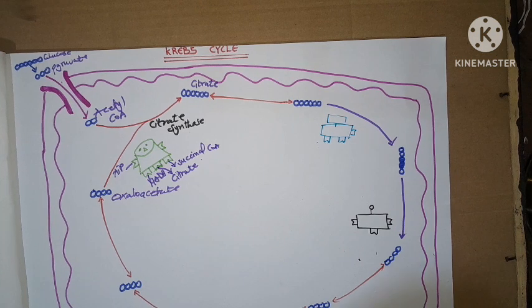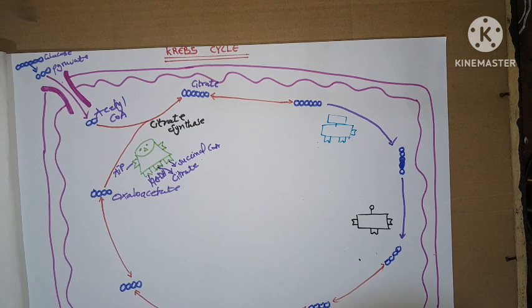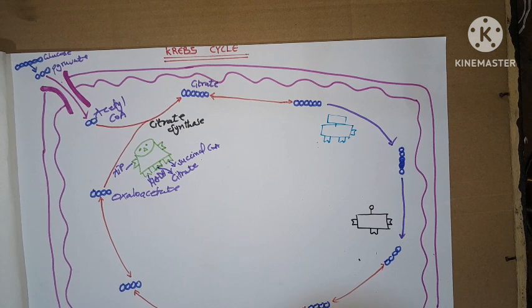And also the next thing that can inhibit this enzyme is more ADP. Definitely more ADP means low ATP. So when we are making more ADP, it means we have low ATP, and that will stimulate us to make more ATPs.